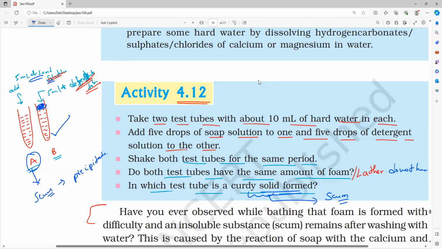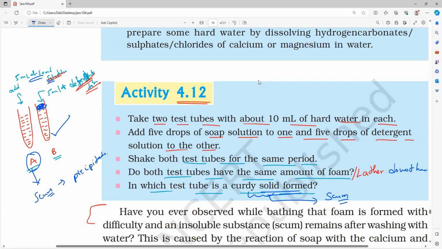If you notice, with the precipitate no lather is formed there, but in the test tube containing detergent, it will form a completely foam or lather. You can see a precipitate does not form at all in that test tube.